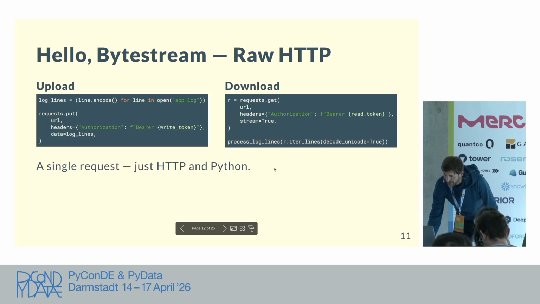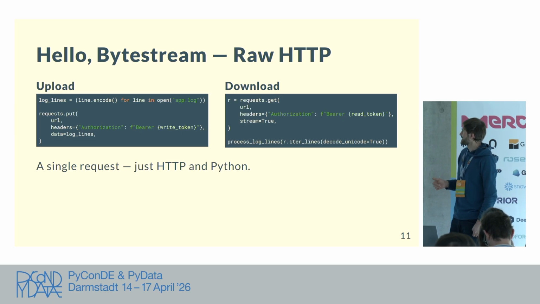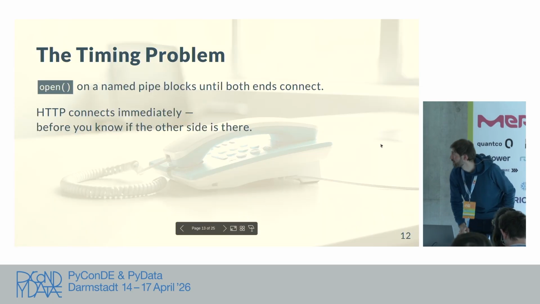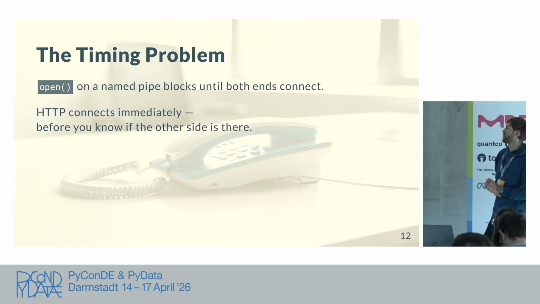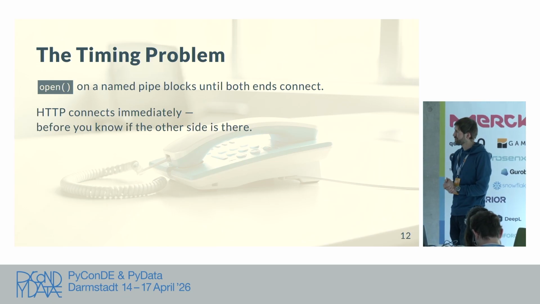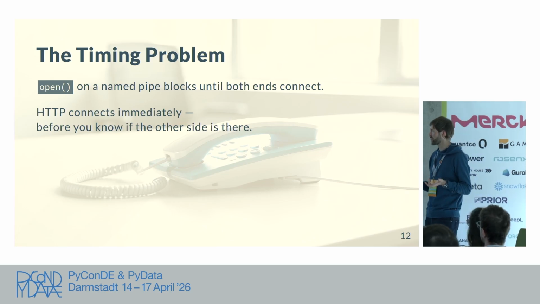But what if, for instance, the consumer isn't really ready to accept data? That's the timing problem. When we go back to the named pipe, when a program wants to open a file for reading or writing, it calls the open call.